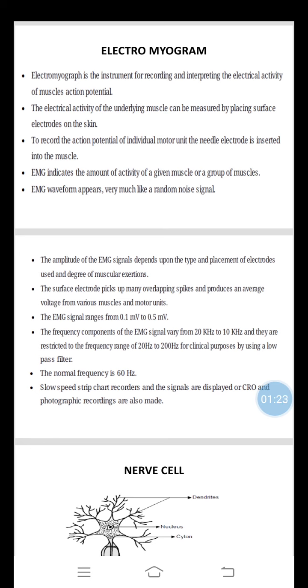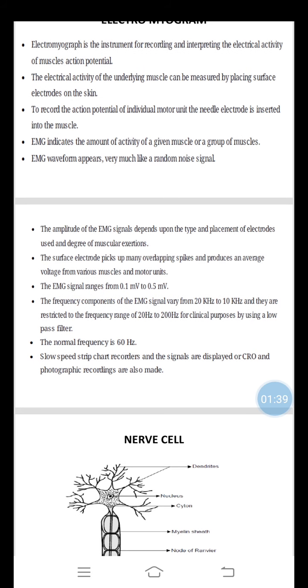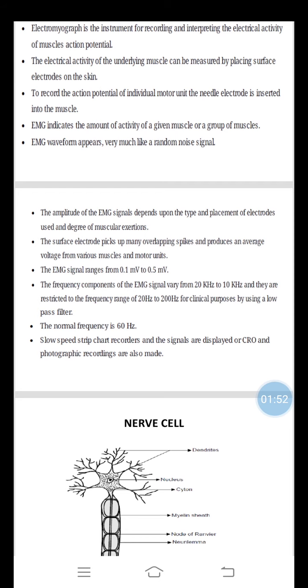The surface electrode picks up many overlapping spikes and produces an average voltage from various muscles and motor units. The electromyogram signals range from 0.1 millivolt to 0.5 millivolt. The frequency components of the electromyogram signal vary from 20 Hz to 10 kHz, and they are restricted to the frequency range of 20 Hz to 200 Hz for clinical purposes by using a low pass filter.